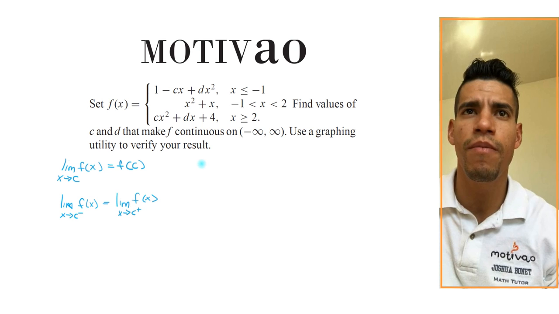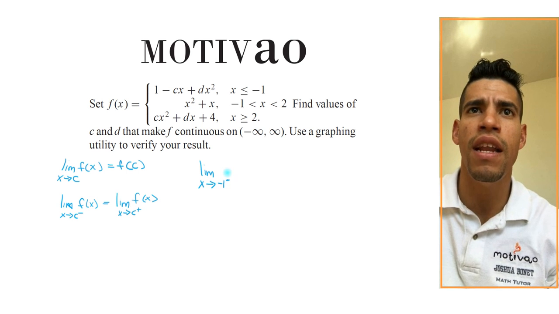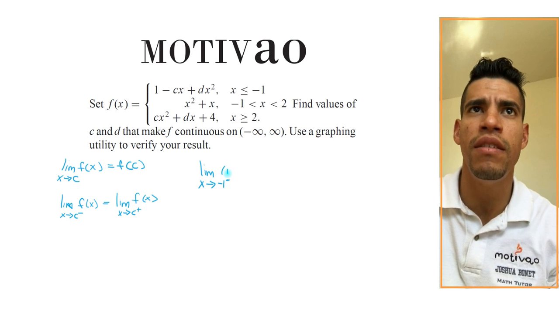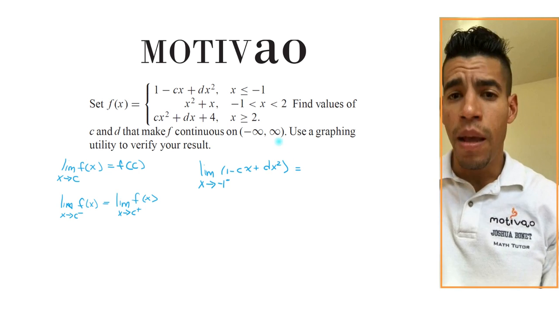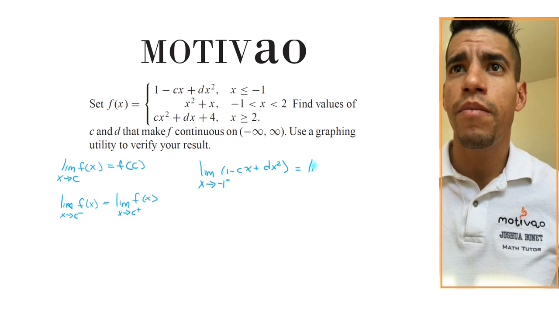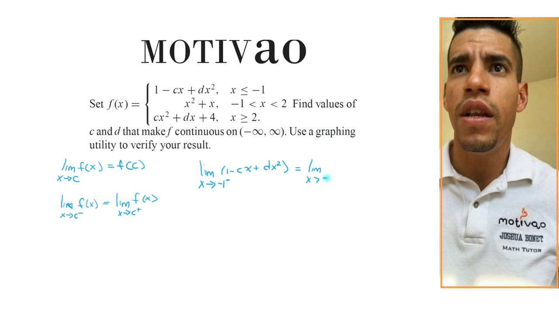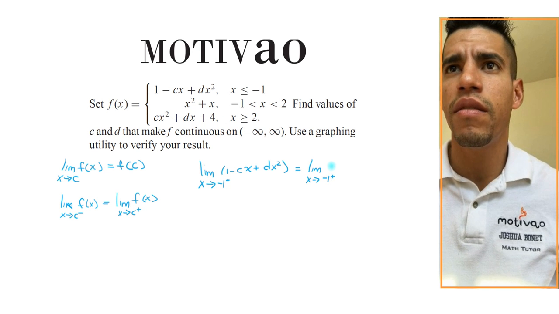So the limit when x approaches -1 from the left, again is the first one, so 1 minus cx plus dx squared. And that must be equal to the limit when x approaches -1 from the right, which is x squared plus x.